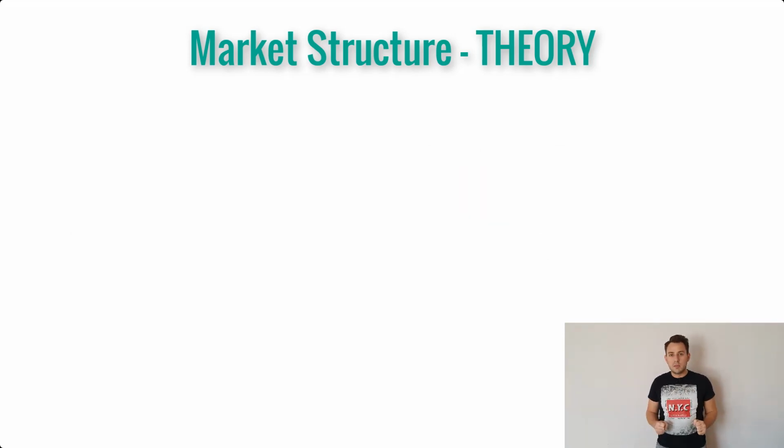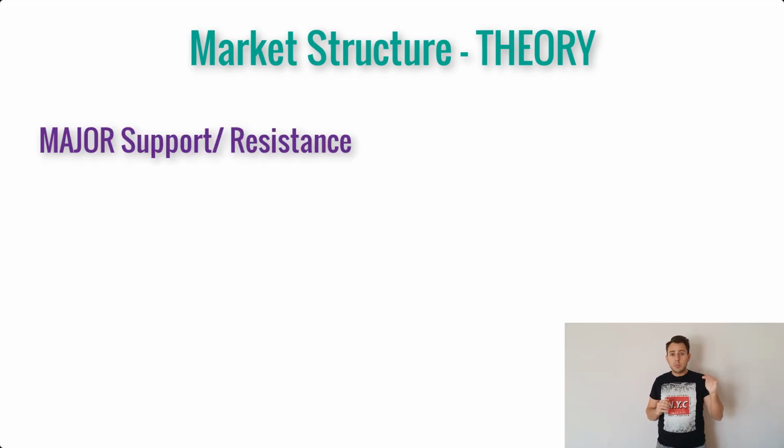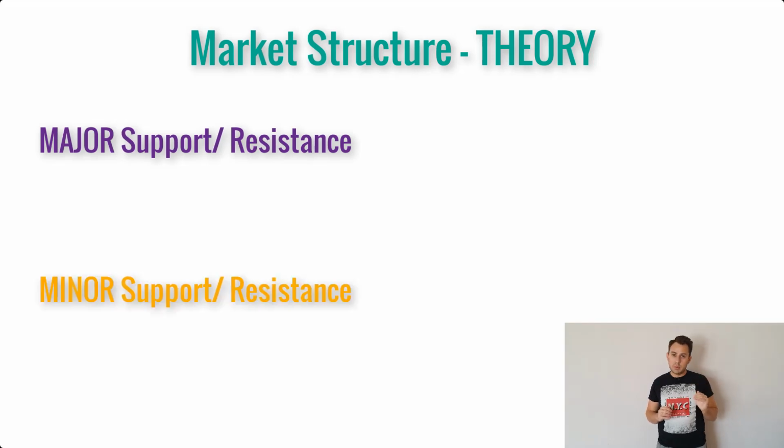Support and resistance levels can be further broken down into two more categories, and that is major support and major resistance, and minor support and minor resistance. Now, first of all, we're going to talk about the major support and resistance.